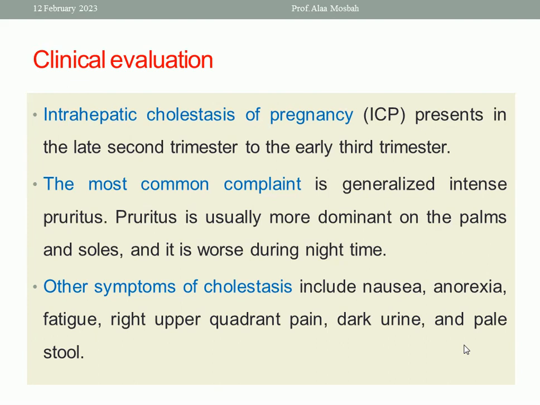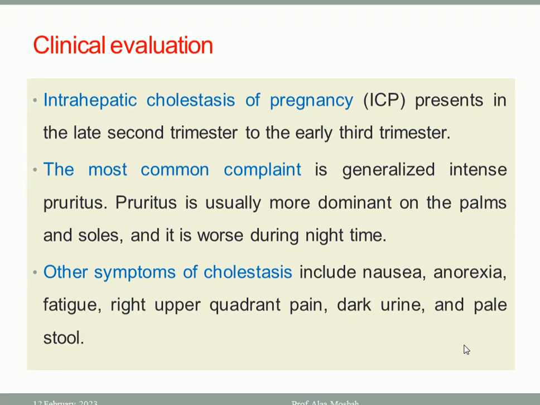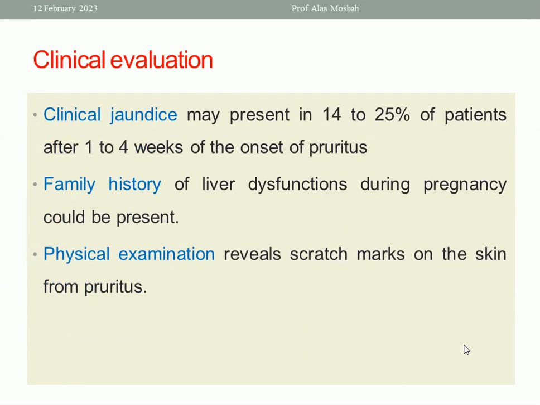What are the other symptoms that may happen? Anorexia, nausea, fatigue, right upper quadrant pain, pale stool, dark urine, or all symptoms of cholestasis. Jaundice may be present.